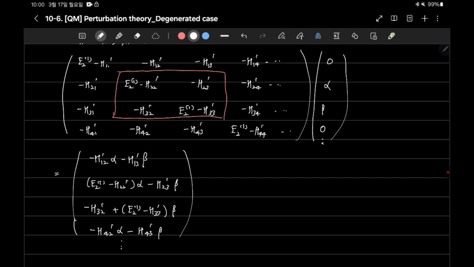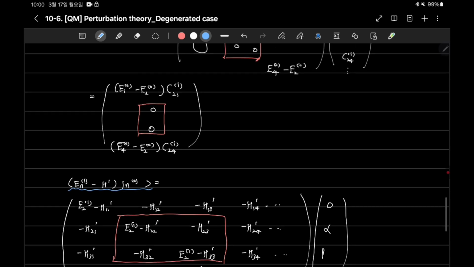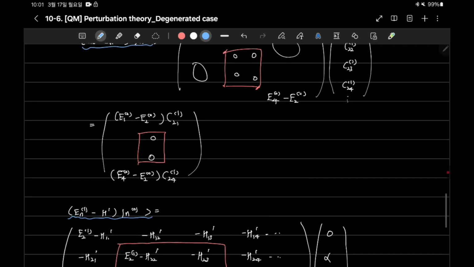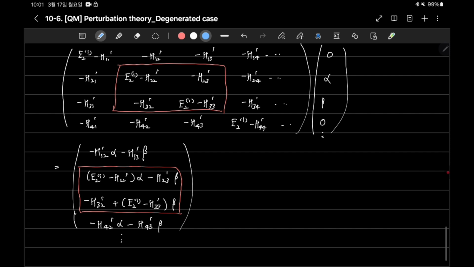Then in this term, this red block corresponds to this red block here. So from the equation, the right-hand side and the left-hand side should be equal to each other. The second and third states correspond to 0. So here we can think that this term should be 0.